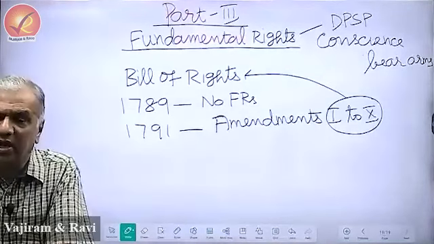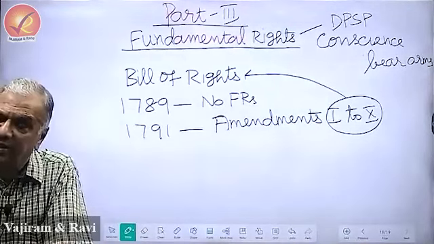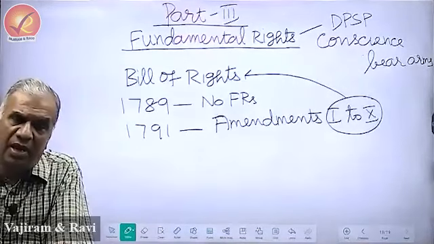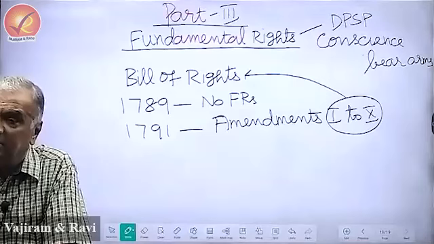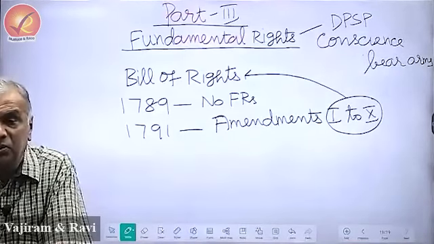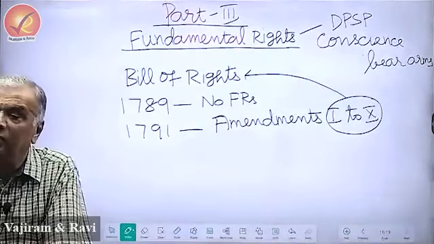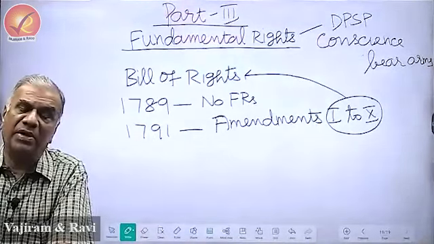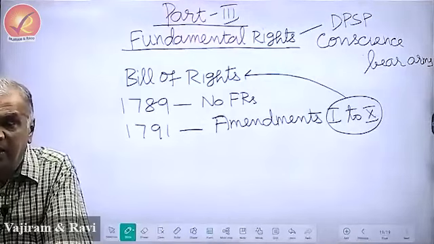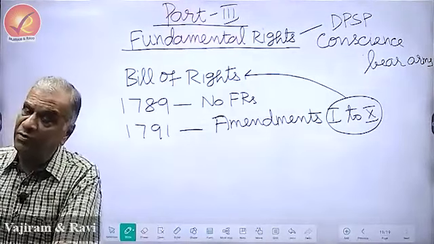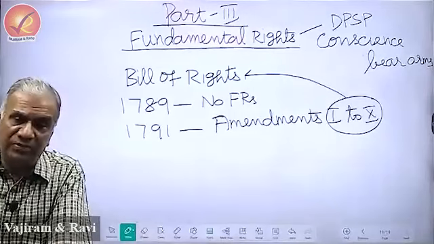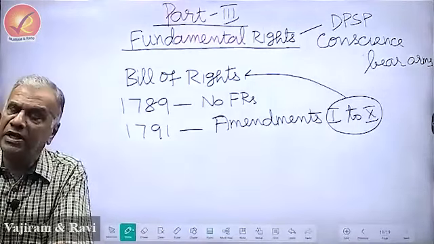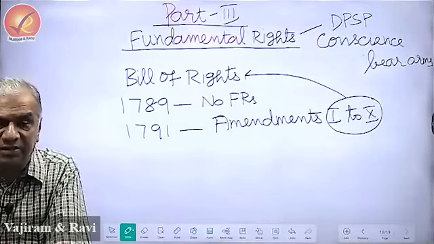Each individual has a certain amount of talent inherent in him. And in order to develop this inherent talent in him, he must be provided with certain basic rights. In order to develop himself into a full individual, he needs to enjoy certain basic rights.